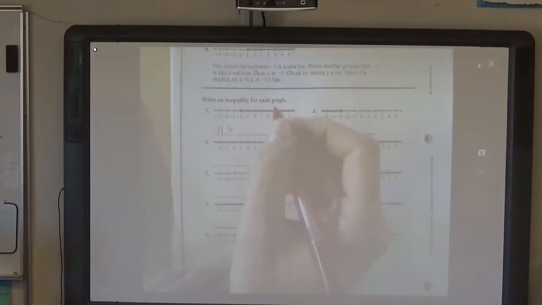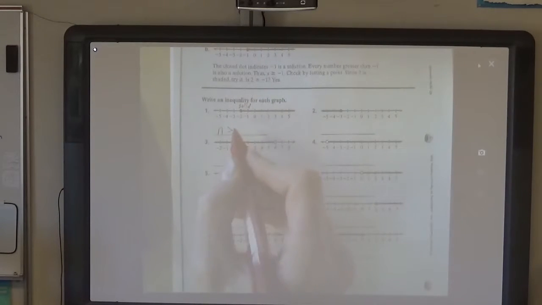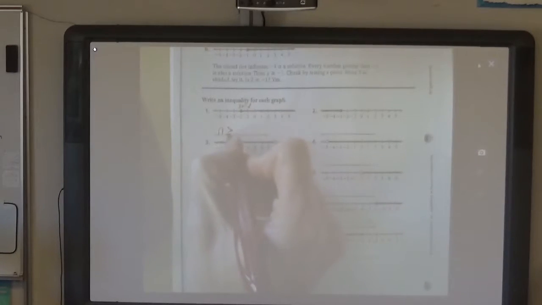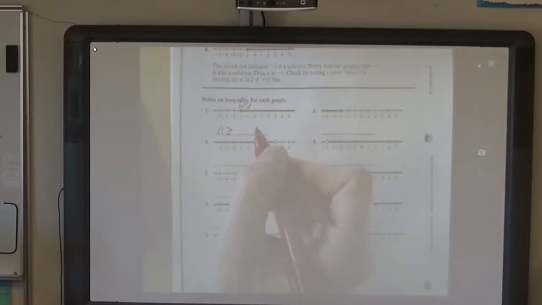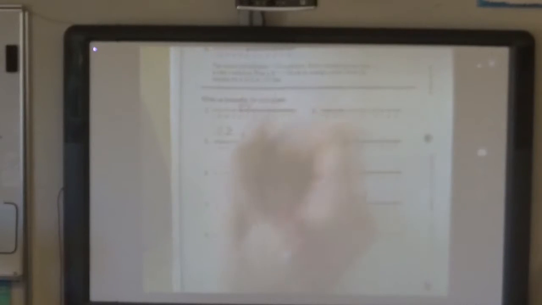But we still have to decide, since this is using a solid dot, should this be greater than, or greater than or equal to? Should we have the line underneath the symbol, or should it just be the arrow? It should have the line under it. So it should say n is greater than or equal to, and then the number that it's on, negative 2.